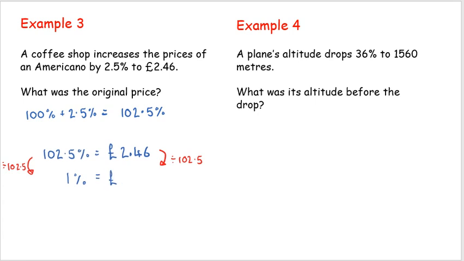And in your calculator, all you need to do is 2.46 divided by 102.5, which leaves us with 0.024. Now, I'm going to keep this as 3 decimal places right now, just so that when I re-multiply it back up, I haven't missed any digits from incorrect rounding. Although it doesn't make much sense at the moment as money. We'll then multiply by 100.